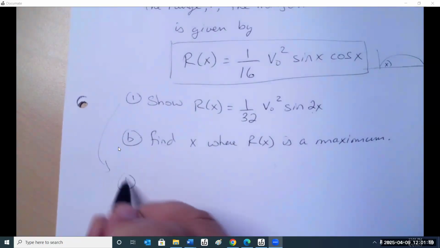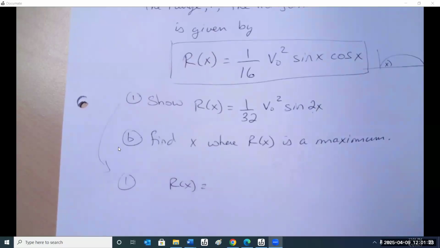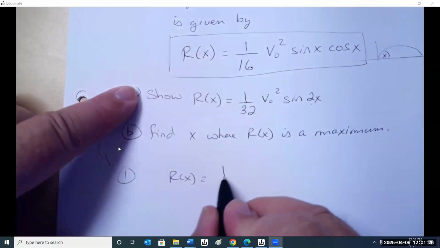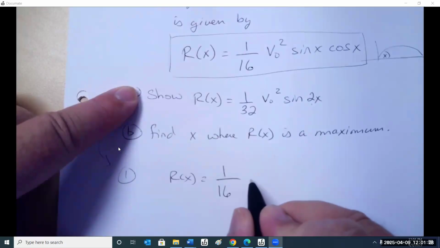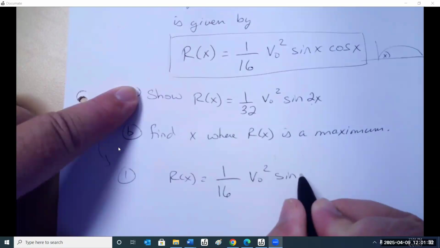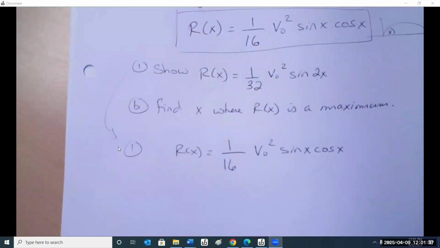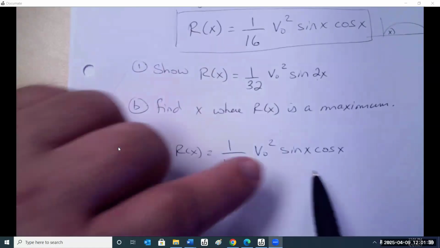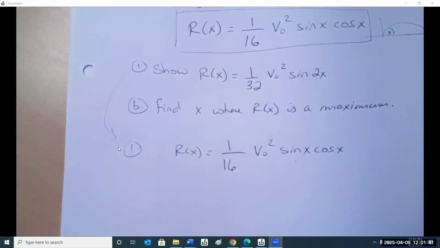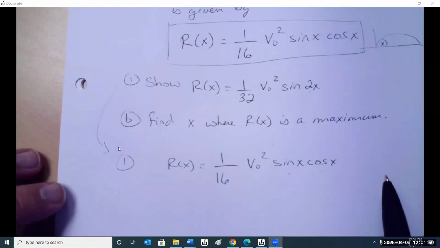We have R of X equal to 1 over 16, and we're trying to get 1 over 32. Sine X, cosine X looks similar to what? It's a double angle of sine, remember?